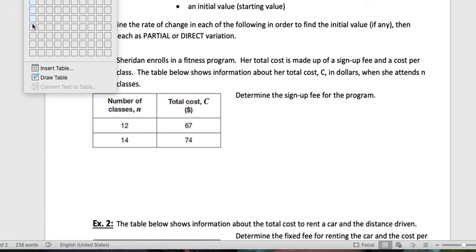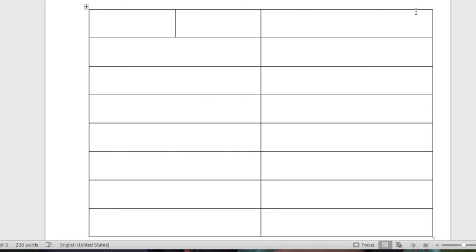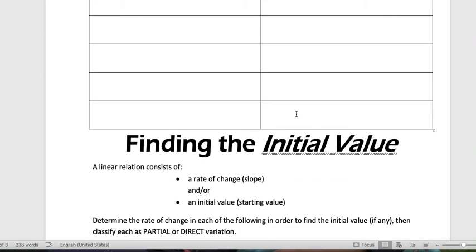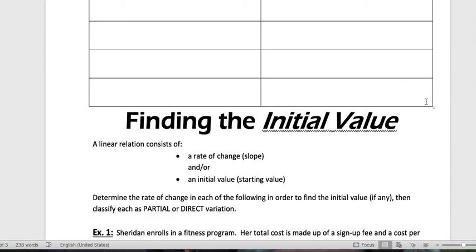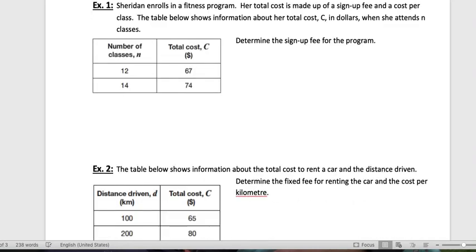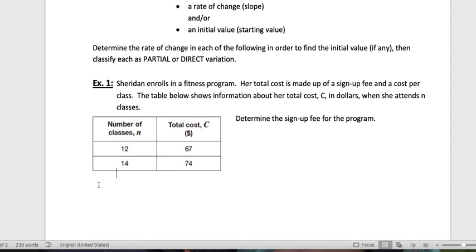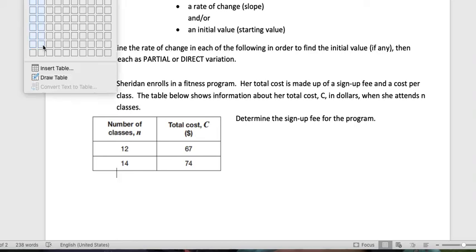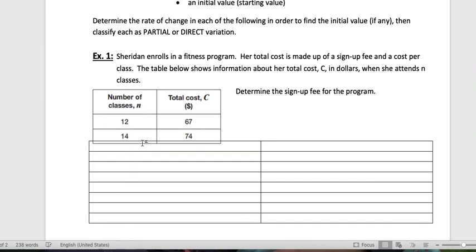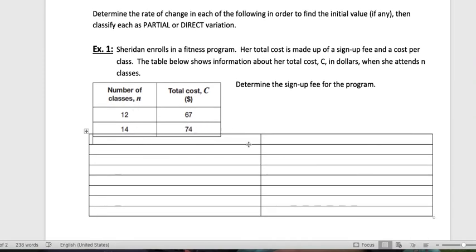So I'm going to make a table here to mirror it. I'm going to make the table of values here, and we'll build off of the one that's already there.